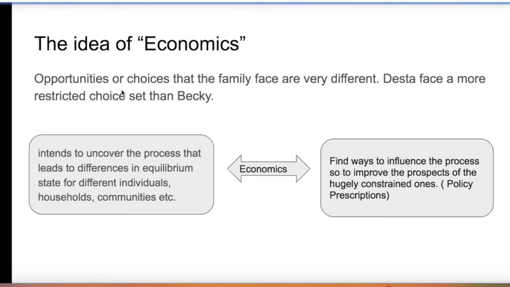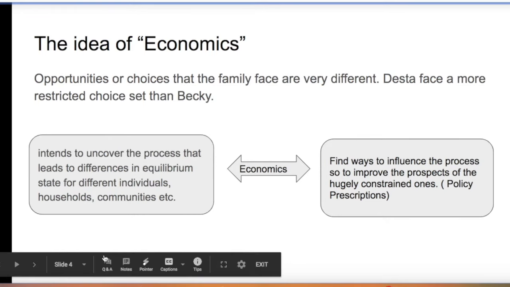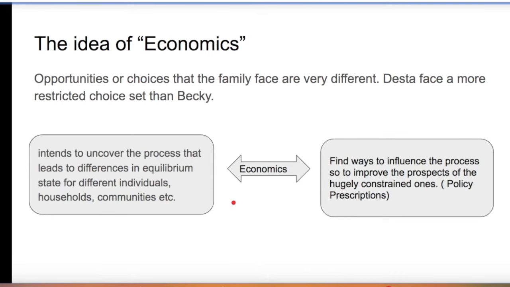We discussed that development economics basically tries to uncover the processes that lead to differences in equilibrium state for different individuals, households, communities, etc. So the idea is to first understand and uncover the differences.